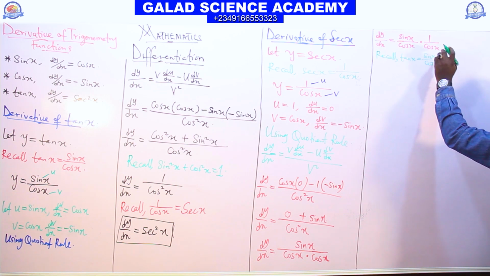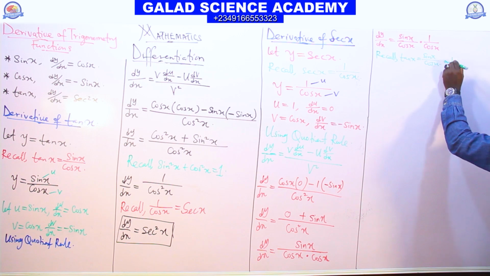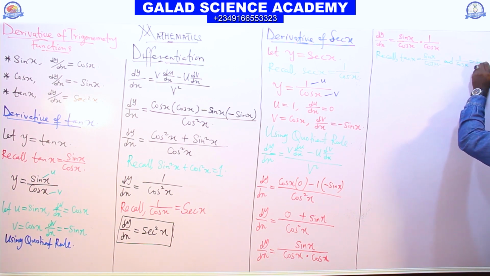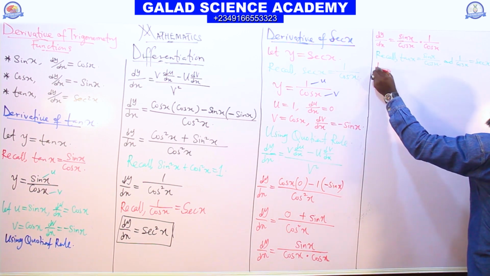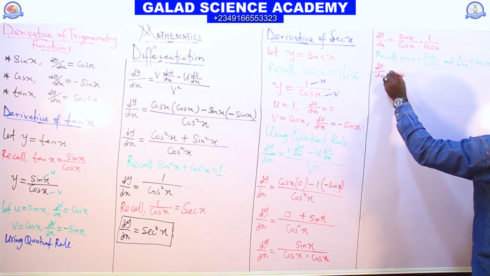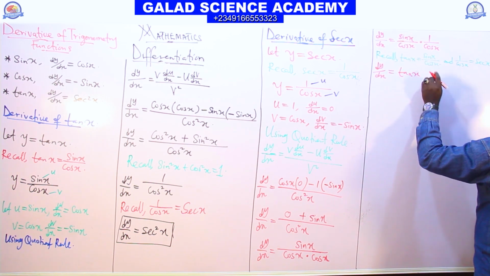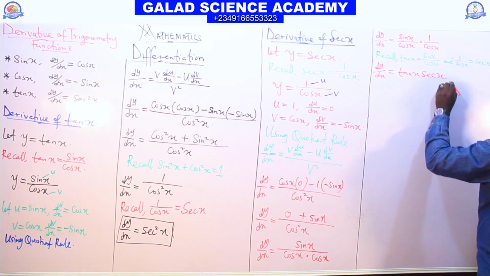And again, from the recall, 1 over cos x is also sec x. So by doing that, we have dy/dx: sine over cos is tan x, and 1 over cos is sec x.